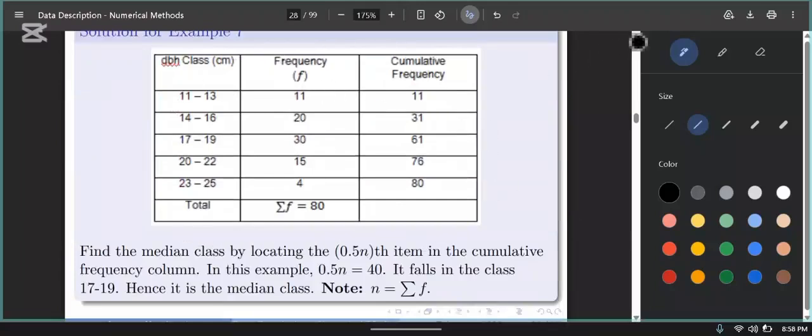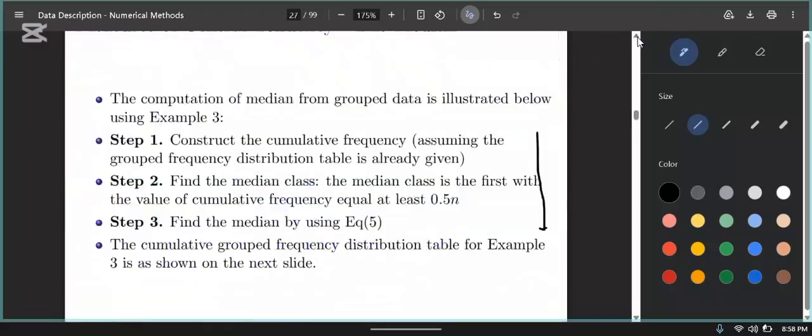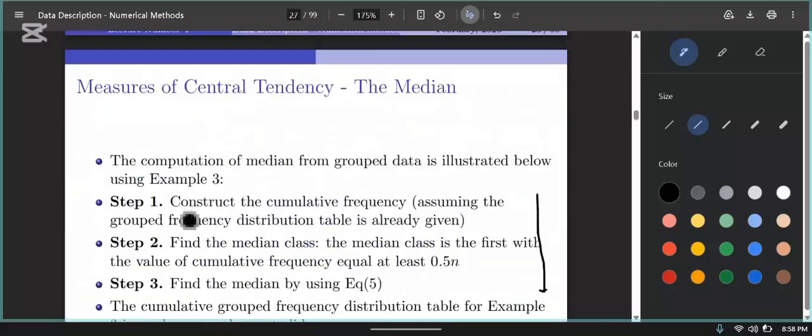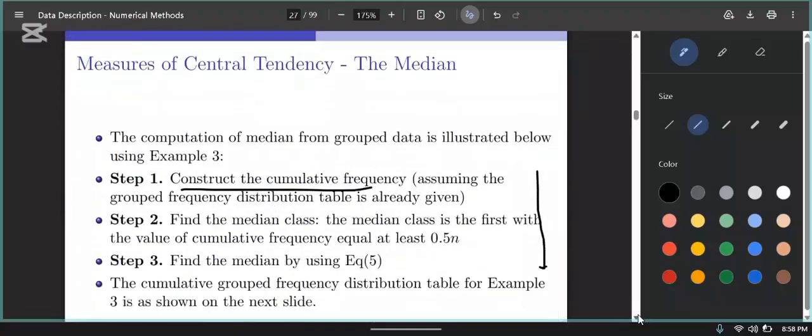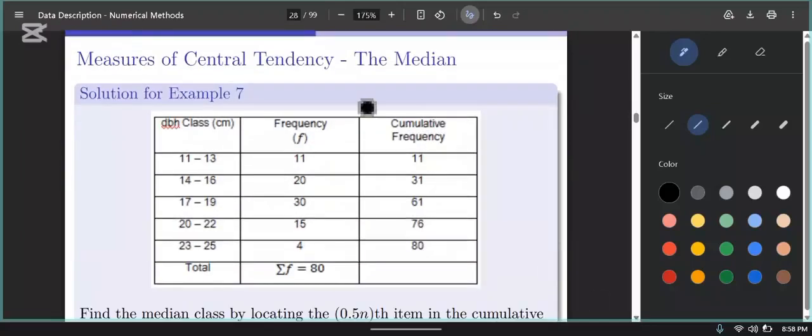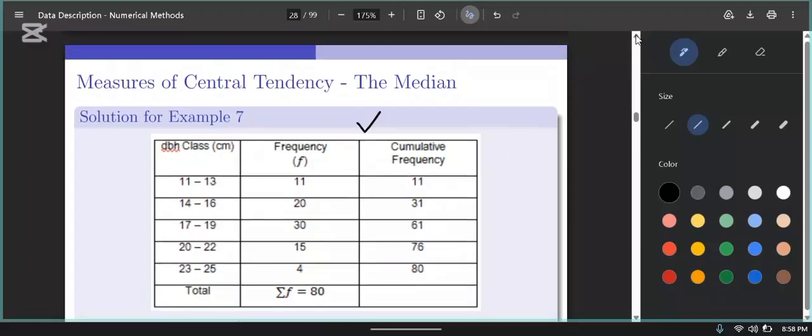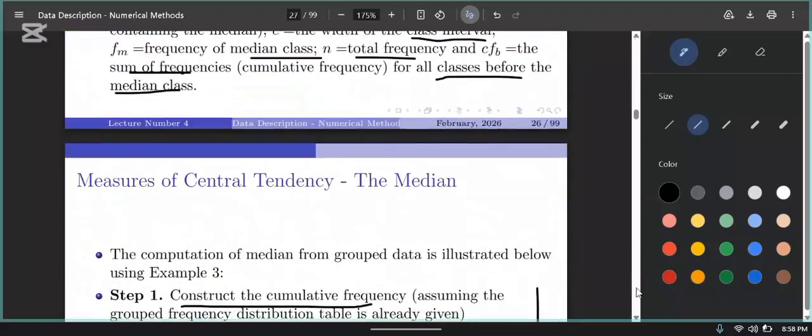The first thing, according to the instructions, is to construct a cumulative frequency. For this example, the cumulative frequency has already been constructed. So the first step is already done.